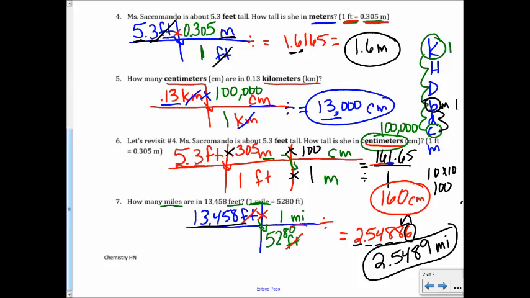So we're going to shift over now to the multi-step ones on the English to metric page. And so get that out. This one that you were working on, we're going to look at 5 through 7.